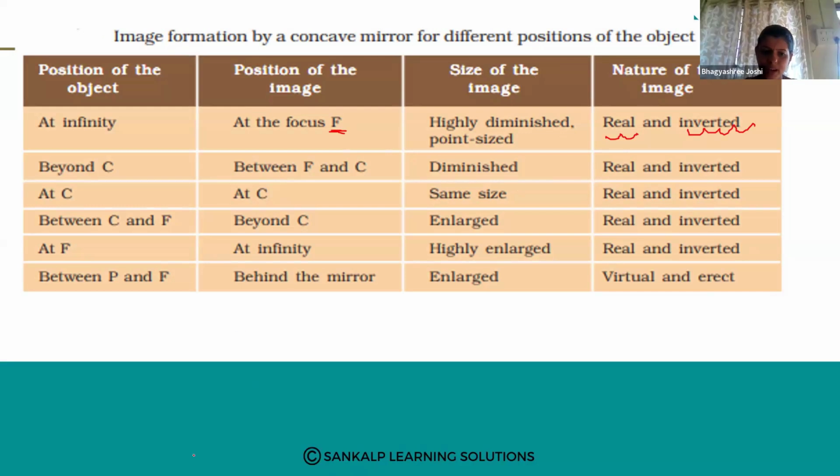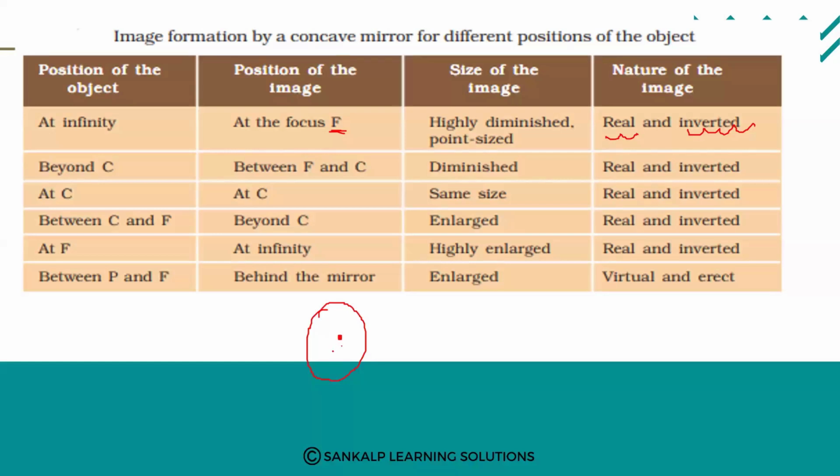See, when you consider a sphere, the center of the sphere, we call it center of curvature, right? So when the object is beyond C, position of the image will be between F and C.